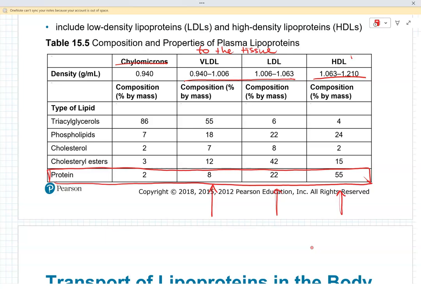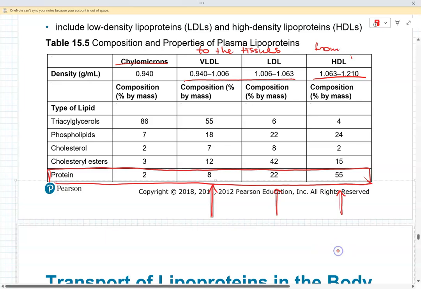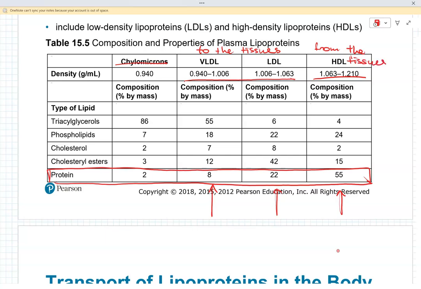So these two are to the tissues. HDL from the tissues. Cool? Now think about this. You send a bunch of molecules that contain a lot of fat, and then your tissue will use that fat and return unused stuff back to the liver.